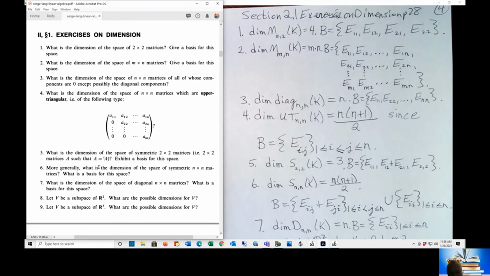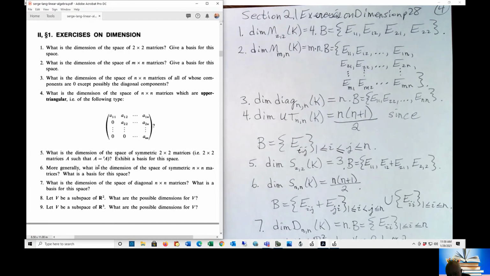Now, all the zeros below the diagonal don't contribute anything to the basis for that space. The basis will consist of elementary matrices corresponding to the number of entries that the matrix has on the main diagonal and above the main diagonal.